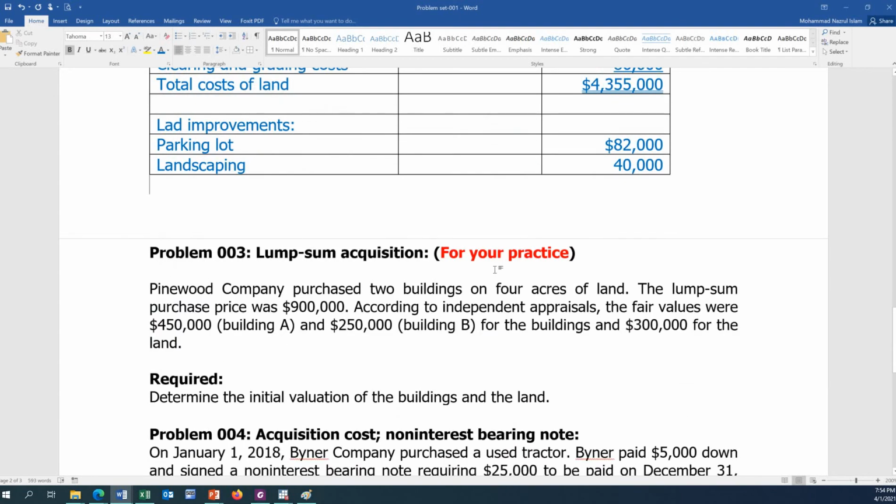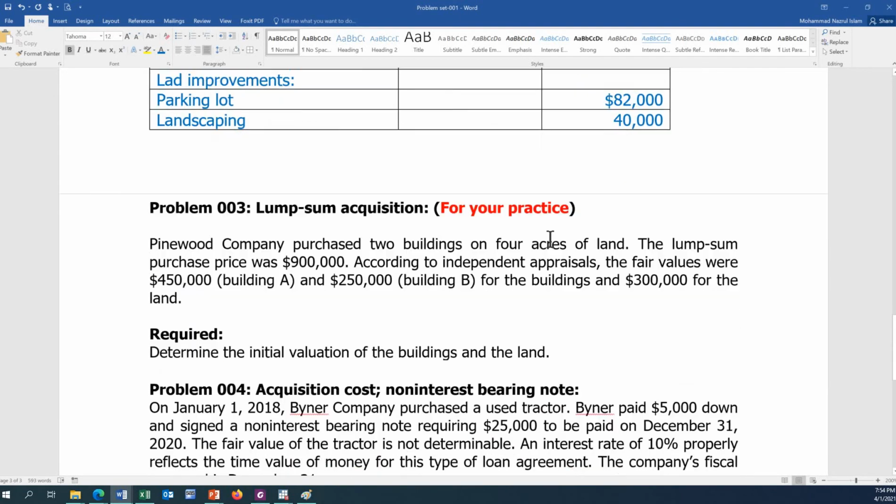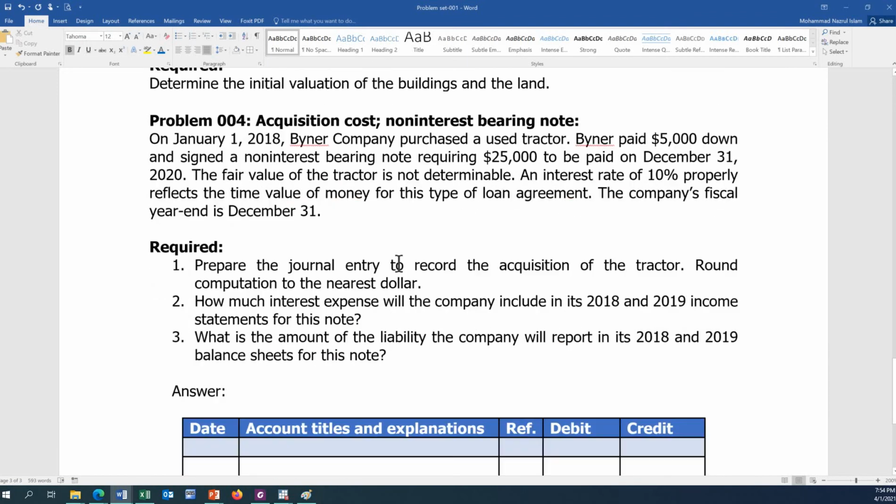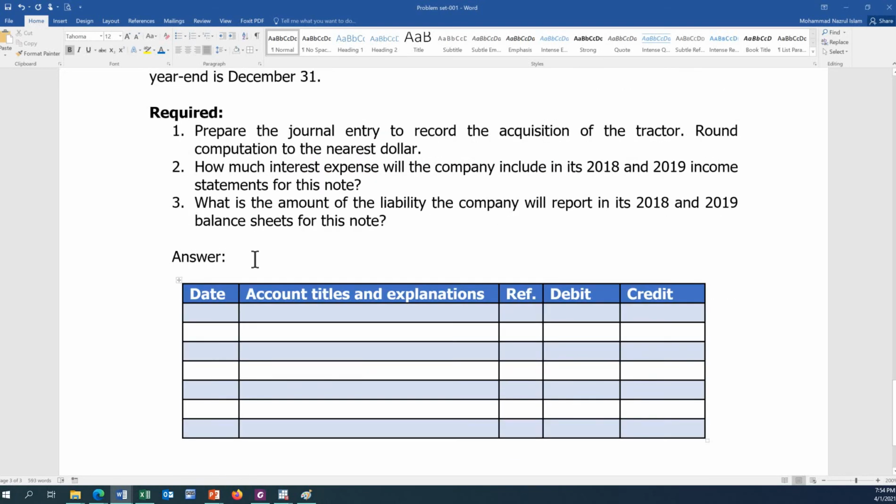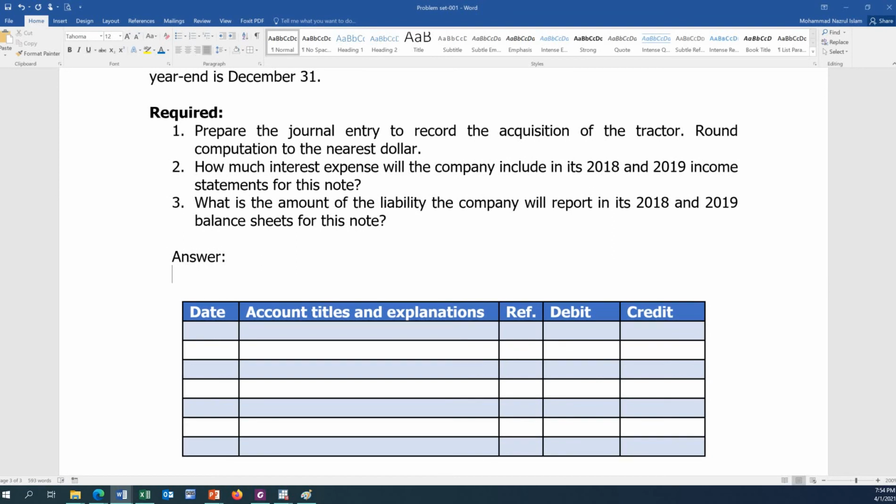And this one is for your practice, the lump sum acquisition. This is a very interesting question: acquisition cost, non-interest bearing note. So on January 1, 2018, have this in mind. Let's use a timeline.